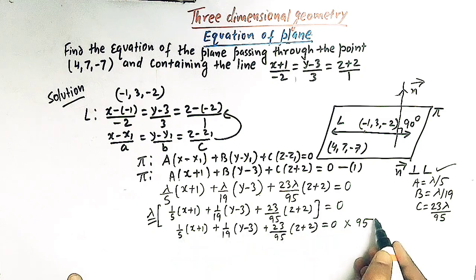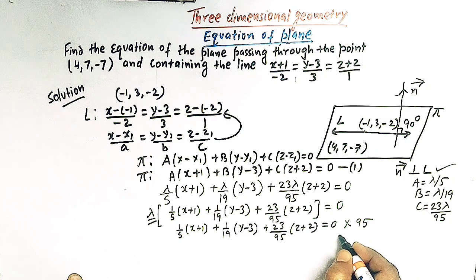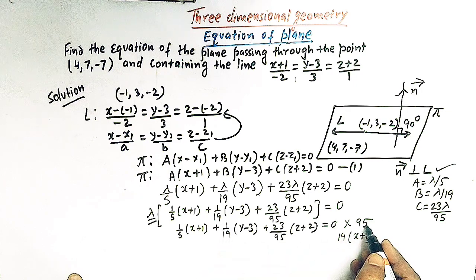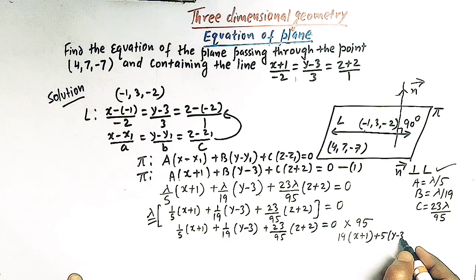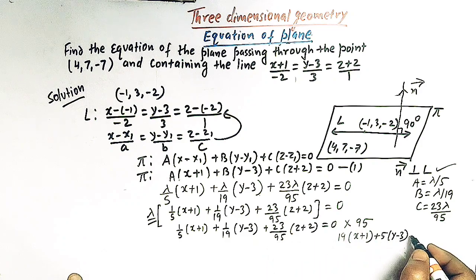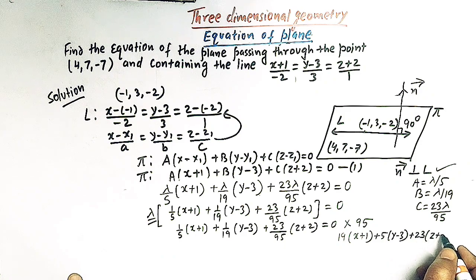5 times 19 is 95. So we have 19 times x plus 1, and here we have 19. So 19 times 5 is 95. So here we have 5 times y minus 3, and 95 and 95 get cancelled. So we have here a 23 times z plus 2 is equal to 0.